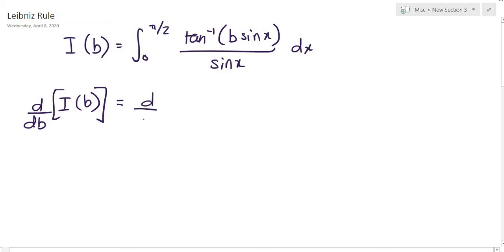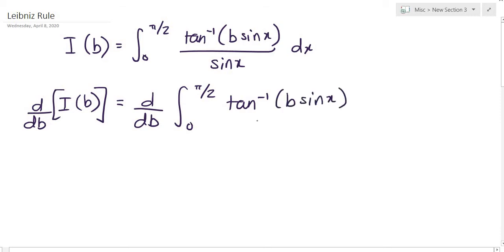So I'm going to do that on both sides here, the derivative with respect to b of the integral from 0 to pi over 2 of the inverse tangent of b times sine of x divided by sine of x dx.